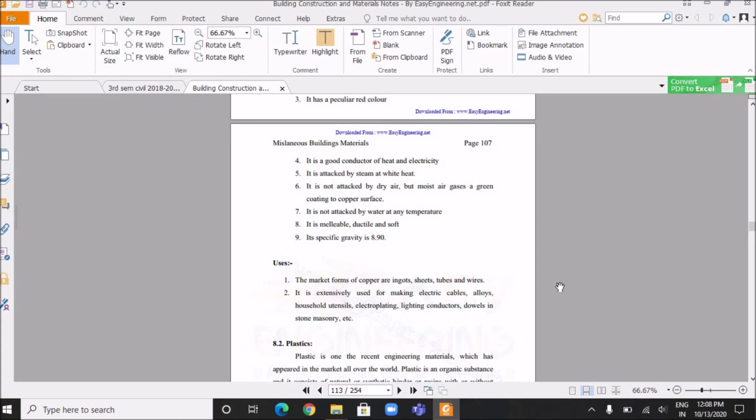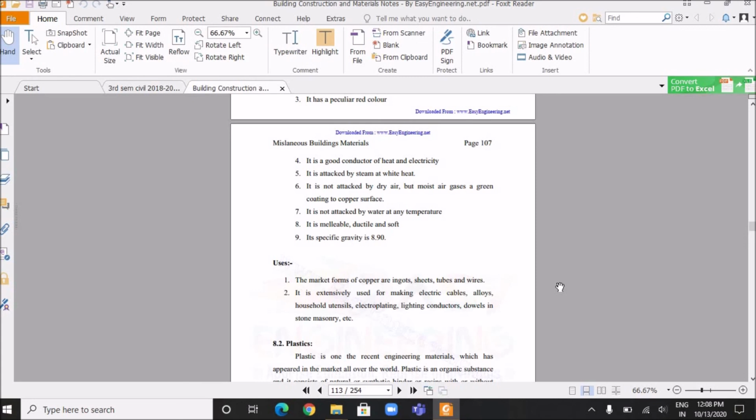It is not attacked by dry air but by moist air and gases. When it is attacked by moist air, a green coating appears on the copper surface. It is not attacked by water at any temperature. It is malleable, ductile and soft. Its specific gravity is 8.9.